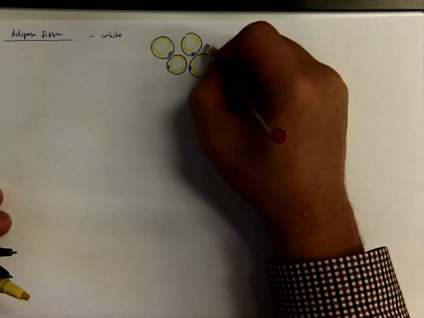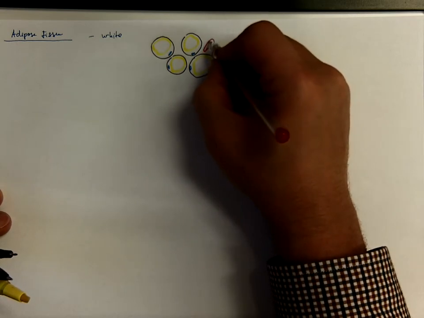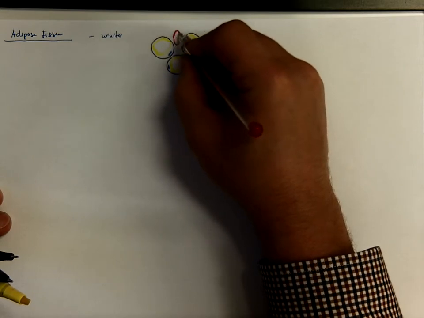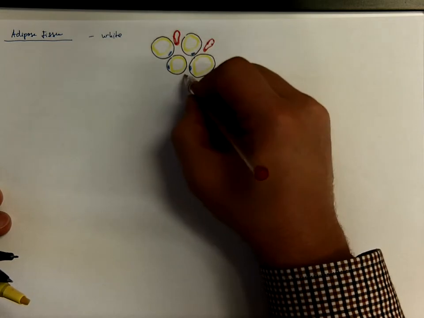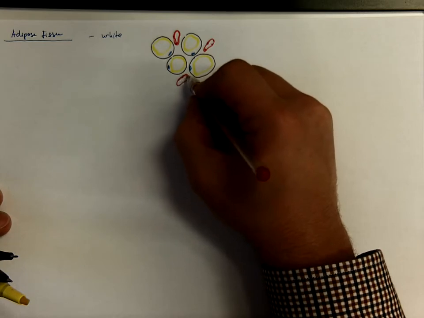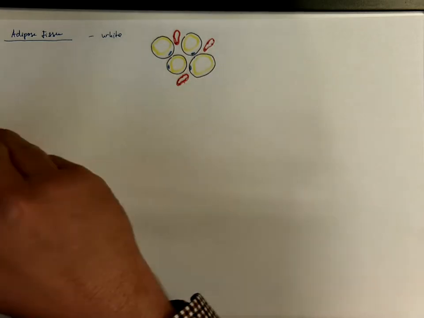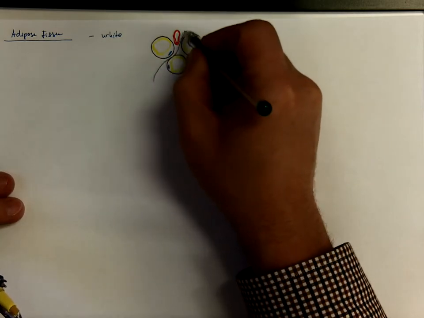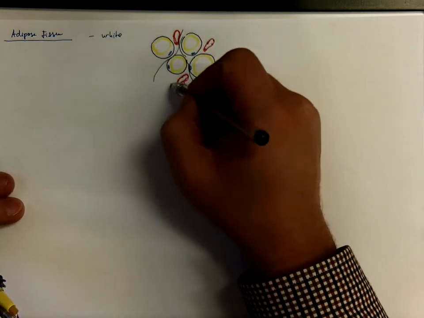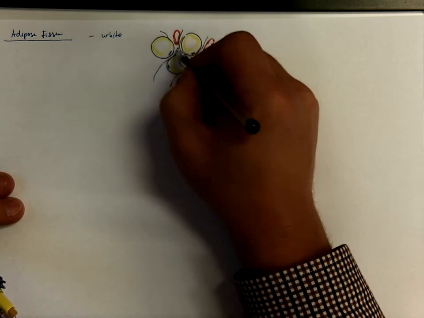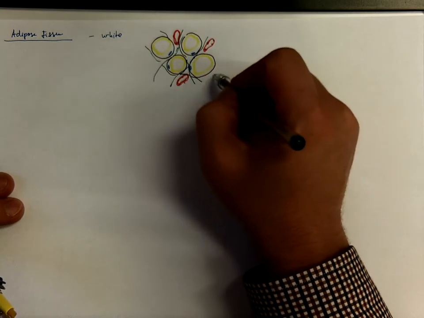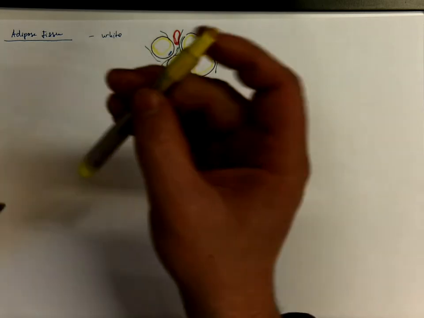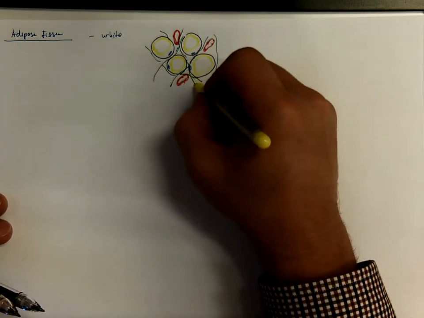In the extracellular space there are many capillaries, and the cells are supported by a delicate network of reticular and collagen fibers. There is only a small fraction of ground substance.